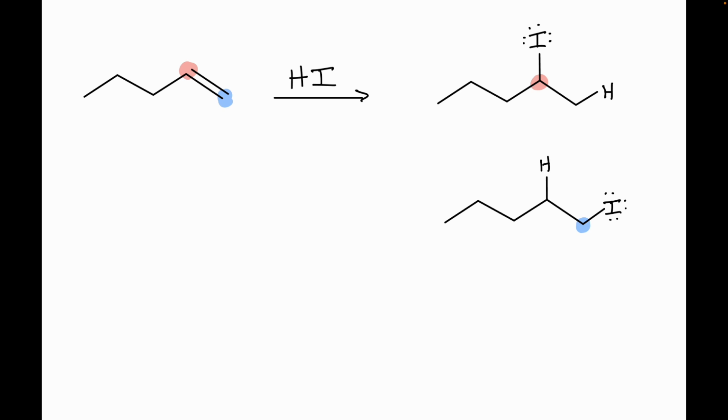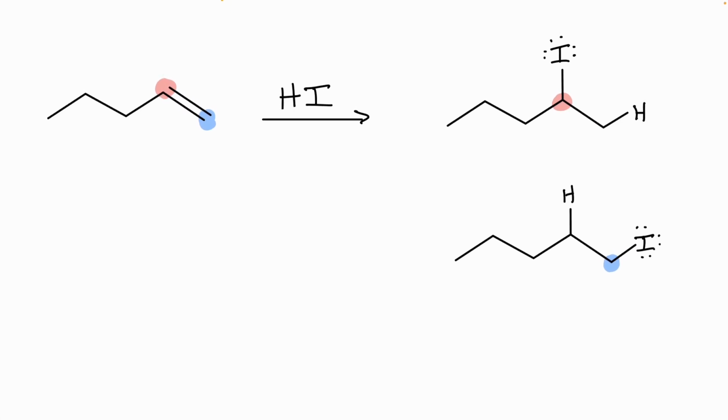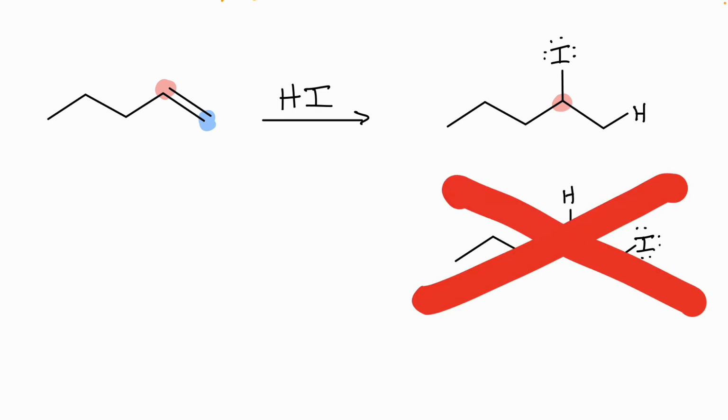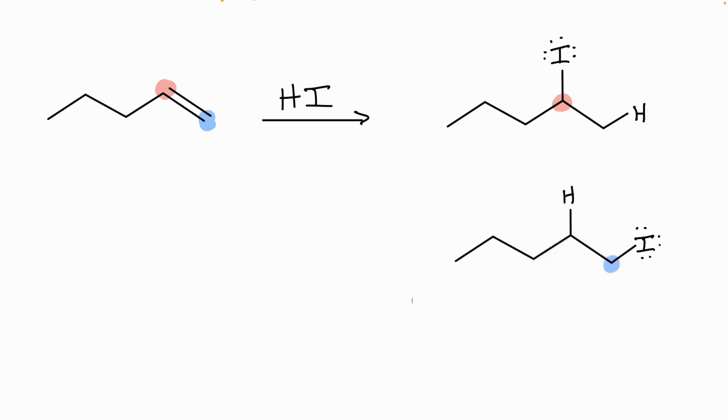Okay. Again, I took this asymmetric alkene and said, all right, in one, I'm going to add the iodine to one carbon, and in my second product, I'm going to add it to the other. Cool? All right. It turns out that only one of these two products is actually formed in this reaction. This product right here will not be formed. So, like, what the heck? What gives? We just went through all this stuff, all right?